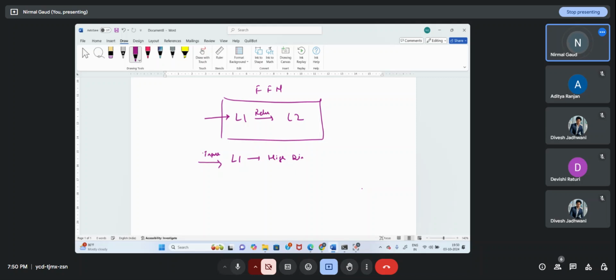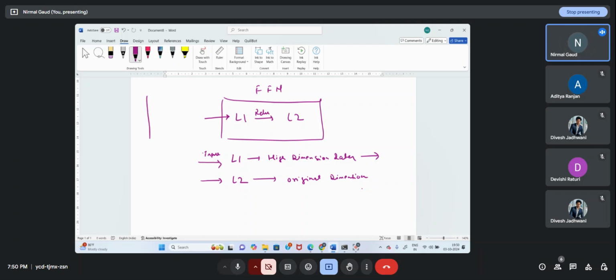And this high dimension data I give to L2. L2 again converts this high dimensional data into the original dimension. Okay, that's what L2 does.